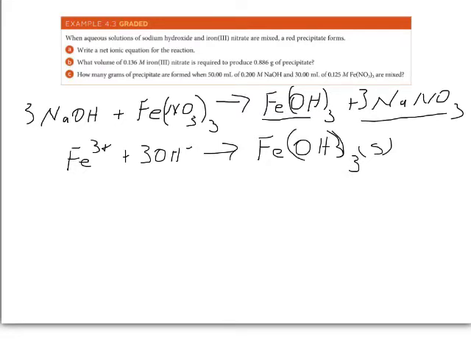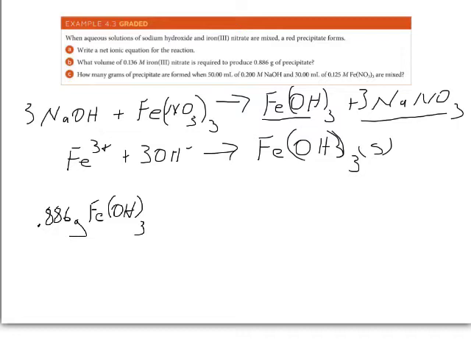For the second part of the problem, we're told that we're going to get 0.886 grams of the precipitate, so I can write that down, 0.886 grams, and the precipitate is iron 3 hydroxide. And we want to know the volume of an iron 3 nitrate solution.